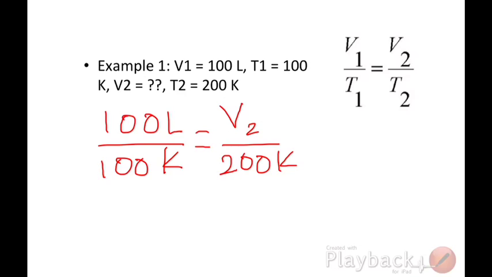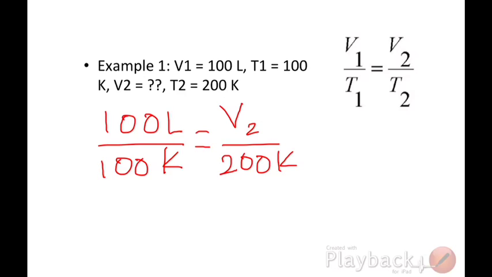There's two ways to solve this. We can cross multiply and then divide to find volume 2. We can also just look at the relationship between volume 1 and temperature 1 and what we know about our second set of information.